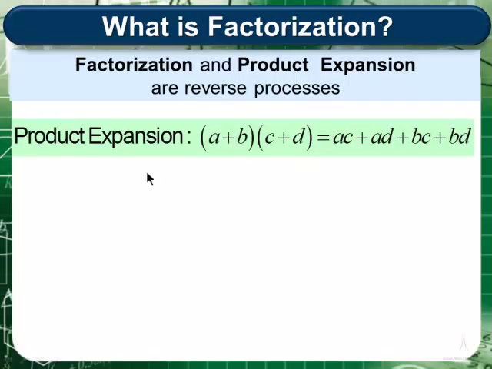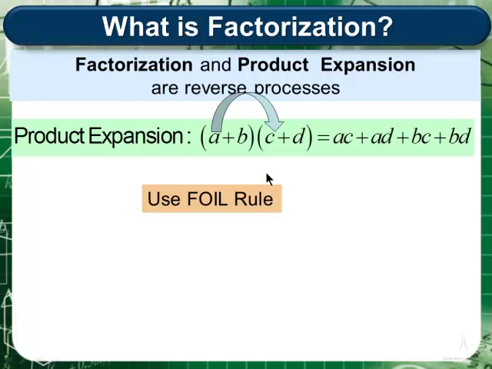Let me explain. Remember, if we multiply together two binomials, then we have various techniques, one of them being the application of the FOIL rule, which means we first multiply the first terms of the factors together to get the first term of the expansion.